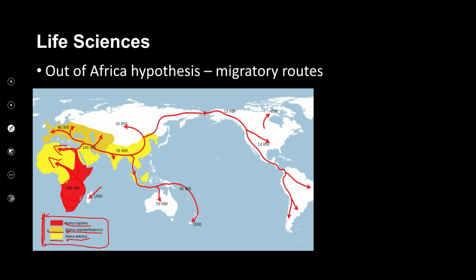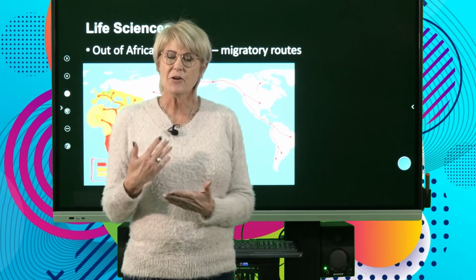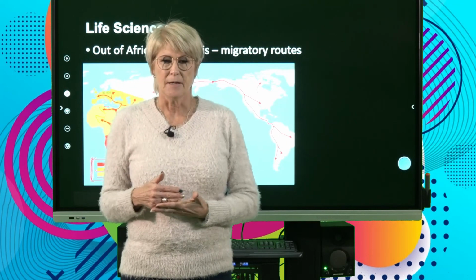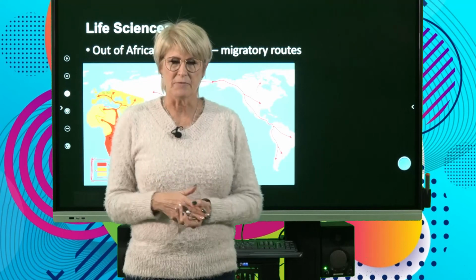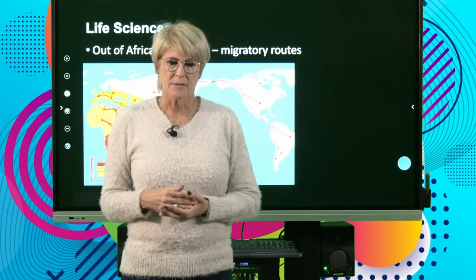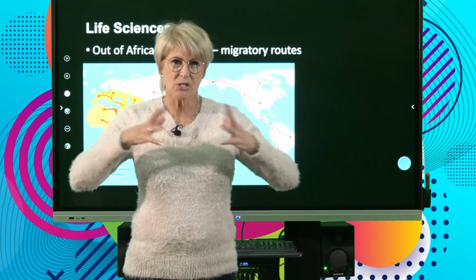And what happened there is, and remember we said at the beginning when we spoke about human evolution, that very often it was climate that drove human evolution to take place. And so as soon as climate changes occur, there would possibly be a change in the environment.